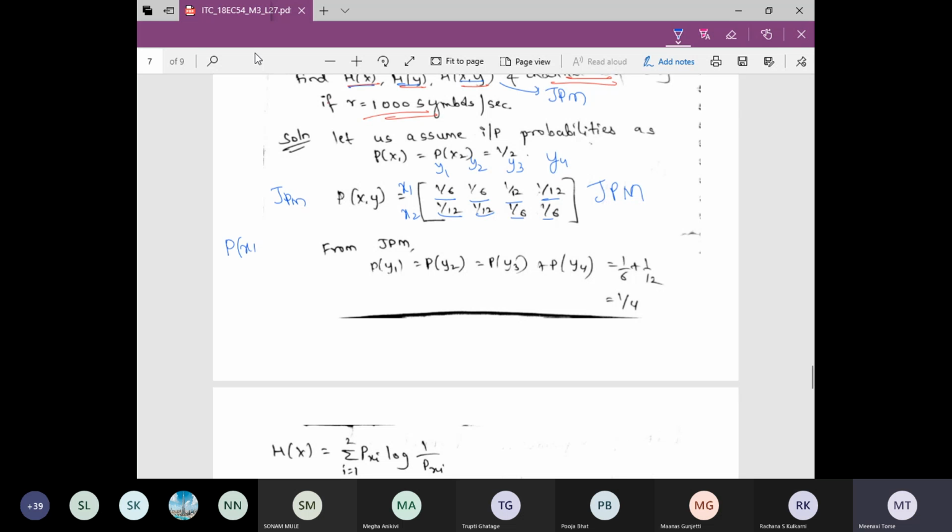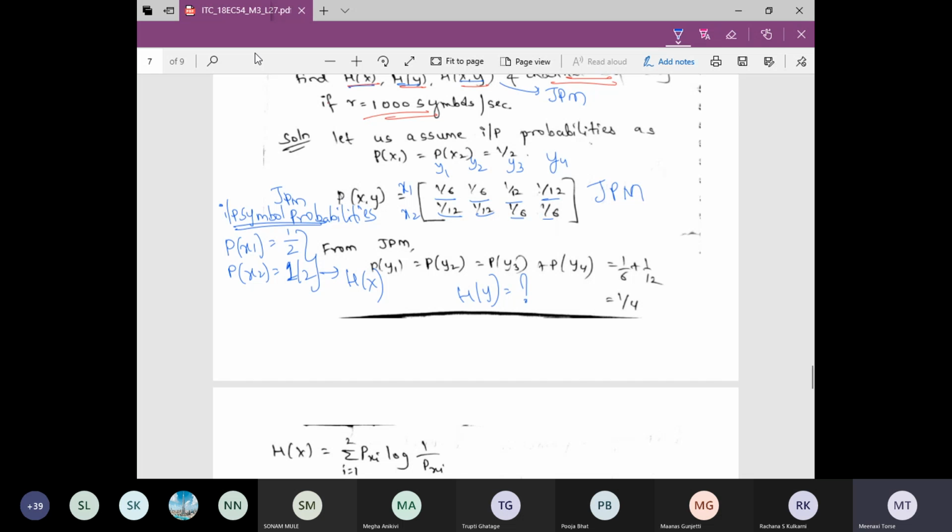So we know probability of x1 is 1 by 2, probability of x2 is 1 by 2. That is, the input symbol probabilities are computed. Now we can compute H of X. If we know the probability of input symbols, we can compute input entropy. To compute output entropy, we should know the output symbol probabilities.